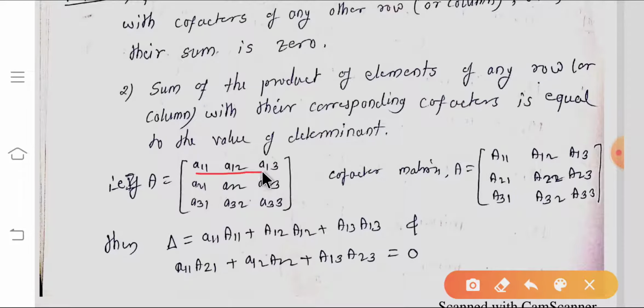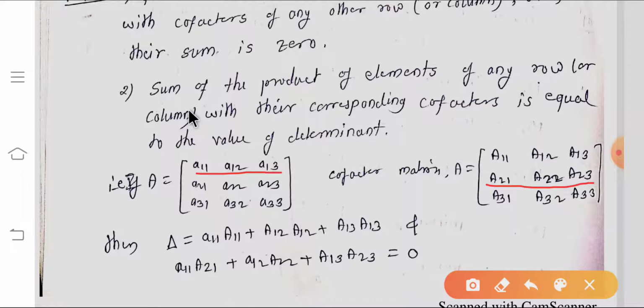The corresponding elements of the first row multiplied with the cofactors of the second row, their sum should be 0: a11 A21 plus a12 A22 plus a13 A23 equals 0.